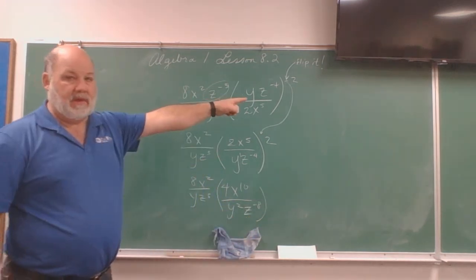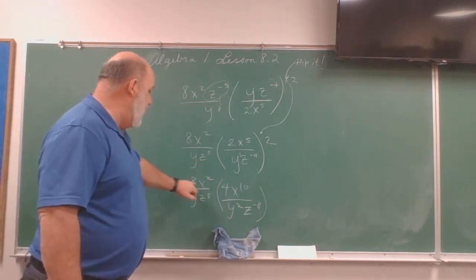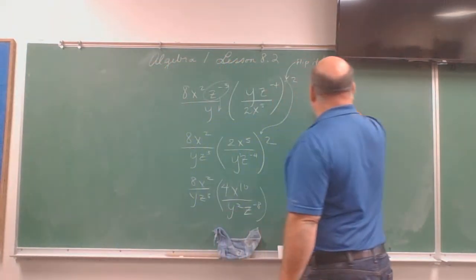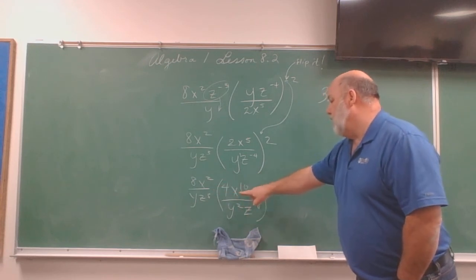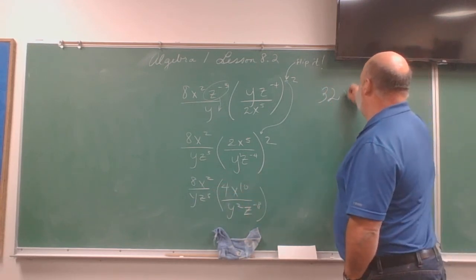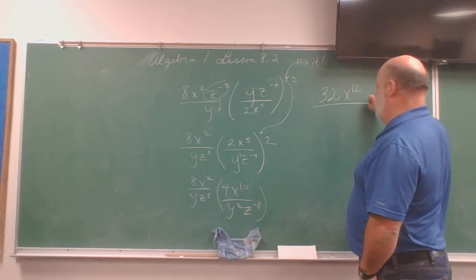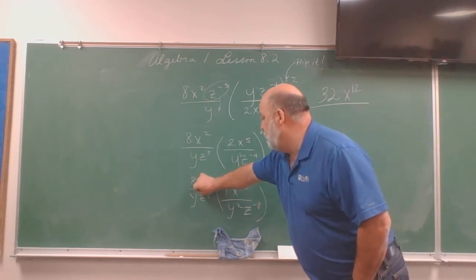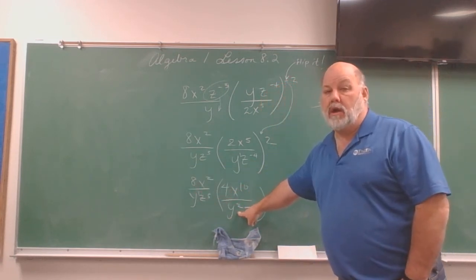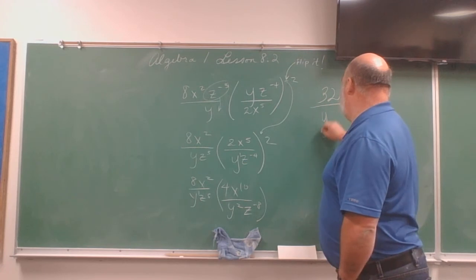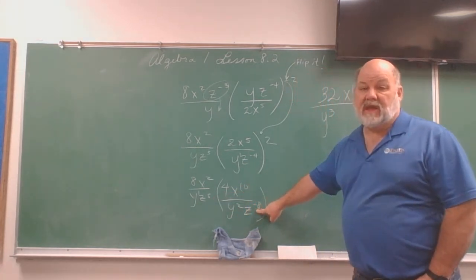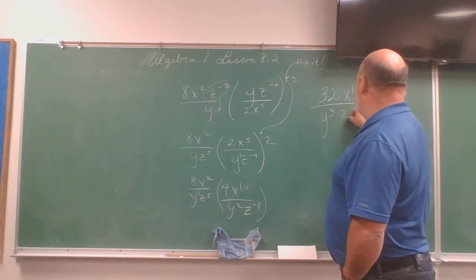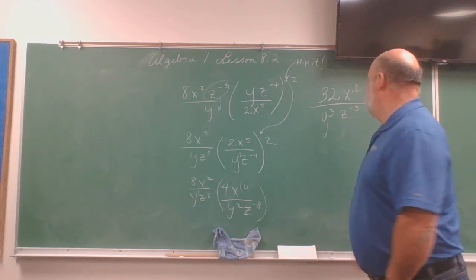I'm going to move up to that corner to finish this out. 8 times 4 is 32. X squared times x to the 10th gives me x to the 12th. Y to the 1 times y squared gives me y cubed. Z to the 5th and z to the negative 8 gives me z to the negative 3.